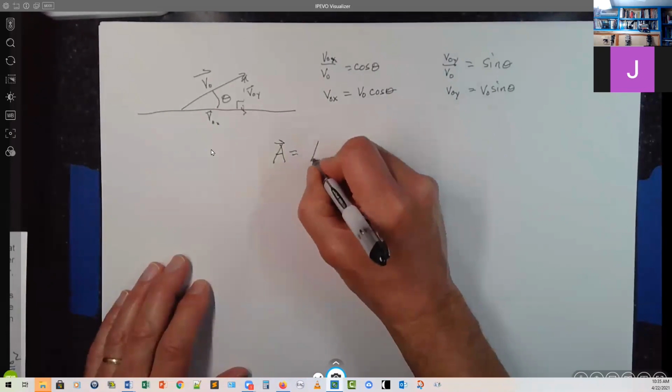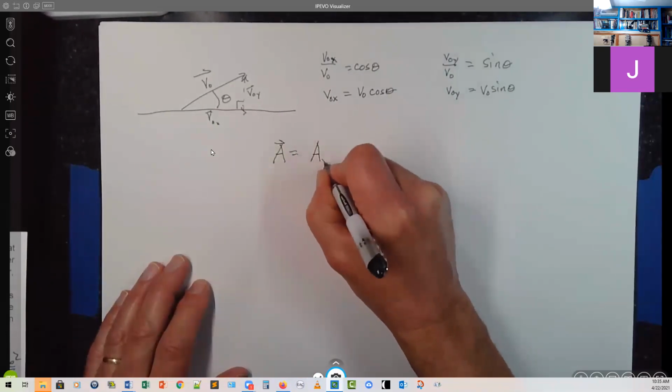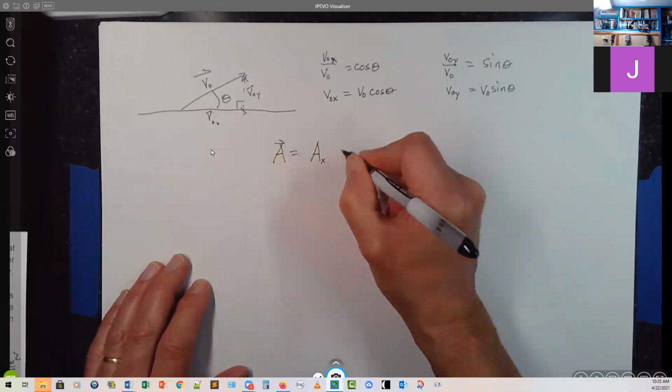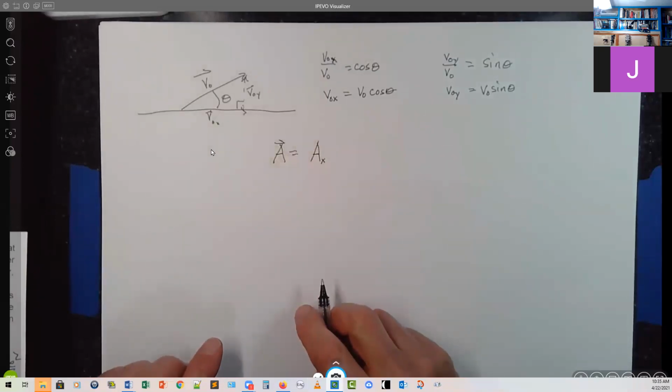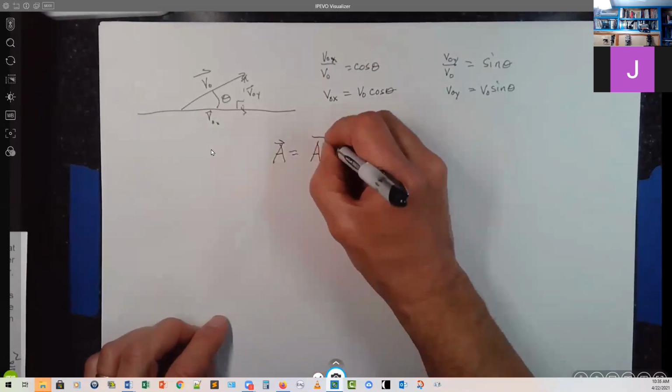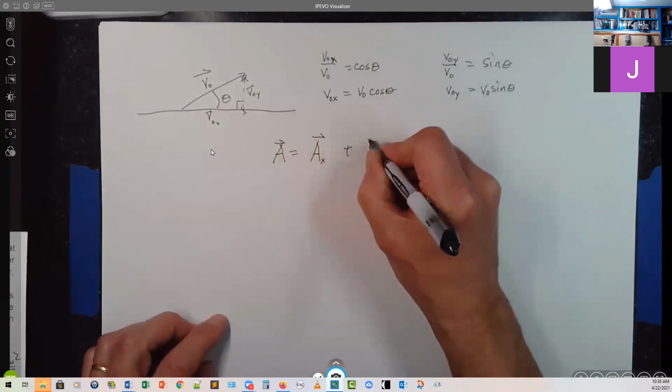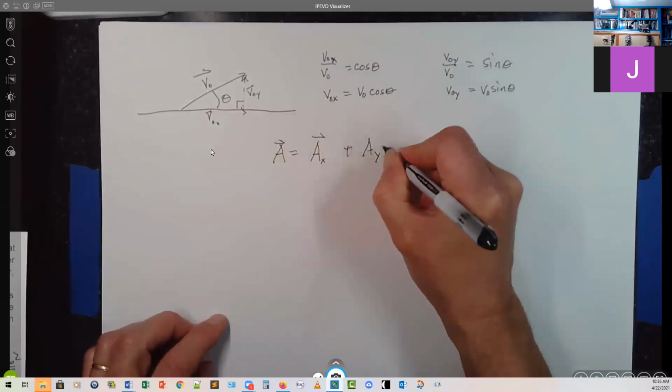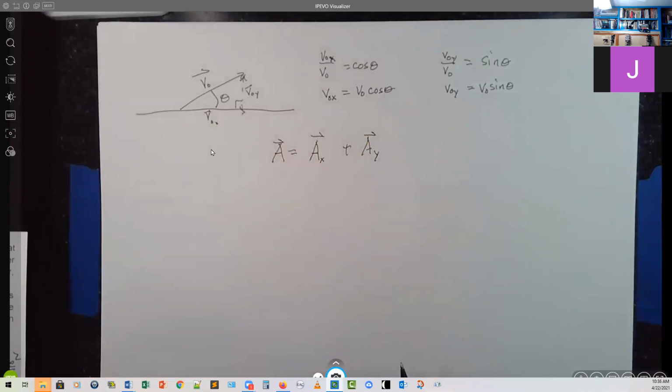So we could talk about an X component, being a vector like this, and then a Y component looking like this. Do I need to introduce the idea of unit vectors? Maybe I'll resist that temptation.